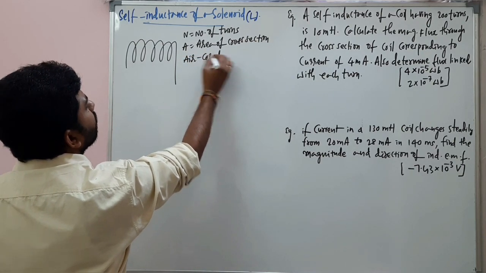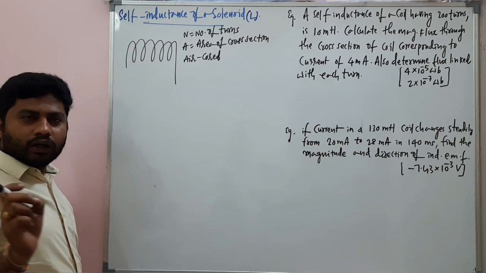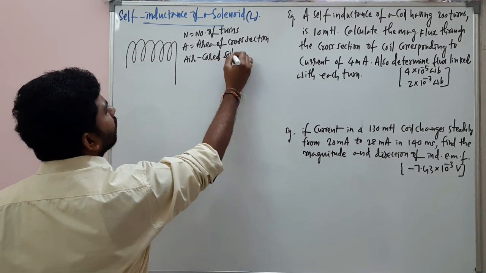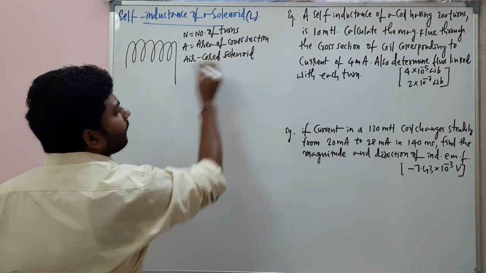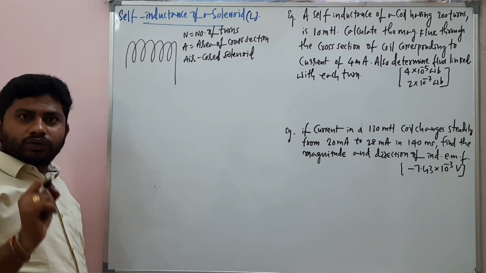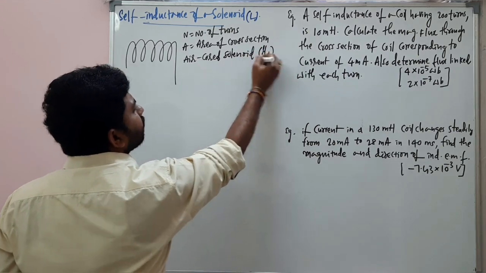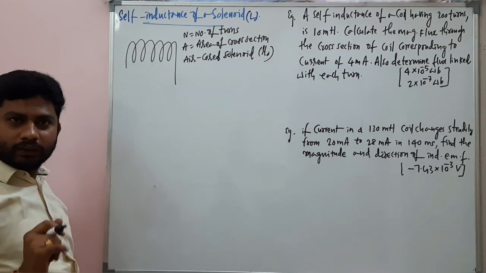There is no object or metal rod present there. It is just an air core solenoid whose permeability in free space is mu naught.